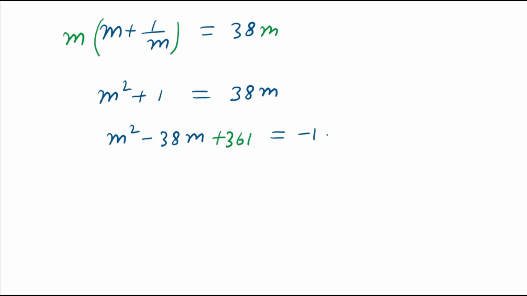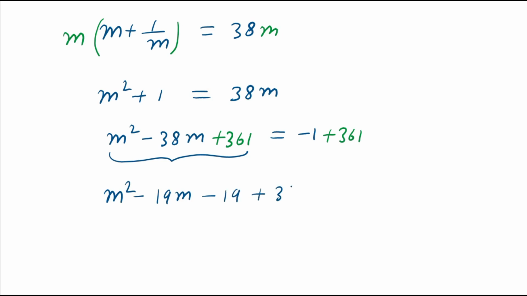361, and here if we add 361, look carefully, the left hand side expression is factorizable, and this is a perfect square. Here we will apply middle term split: m² − 38m is m² − 19m − 19m + 361, and this is equal to 361 − 1, which is 360.